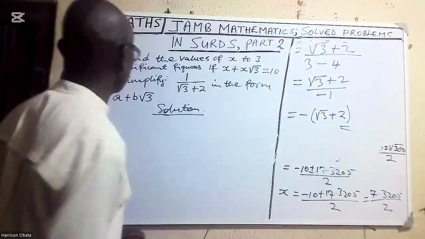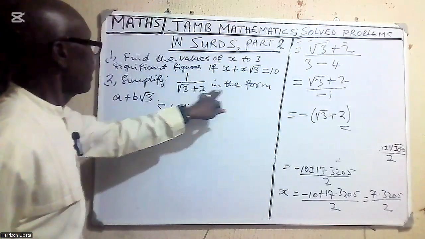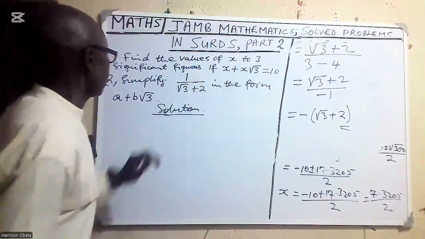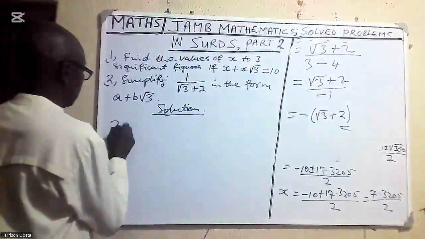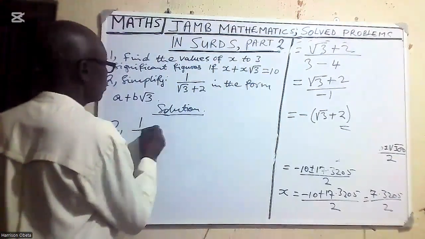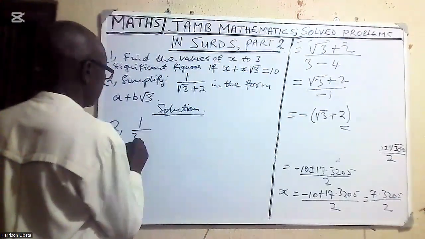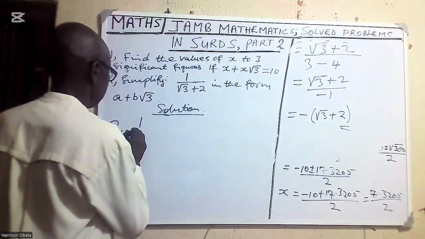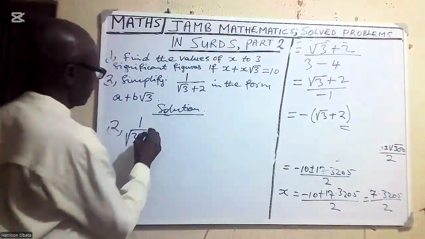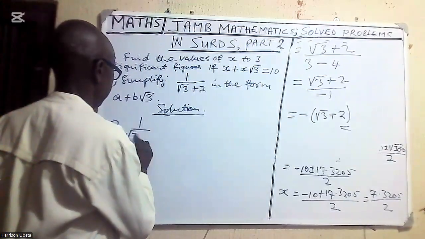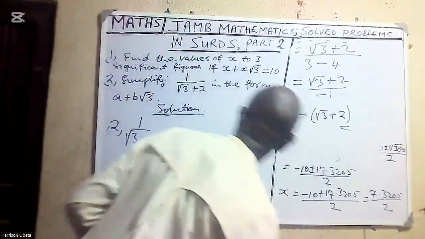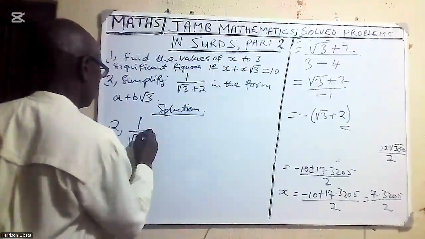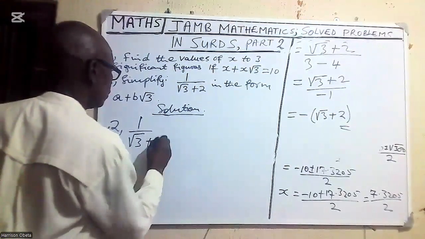Question number 2, we have to simplify this in the form of a plus b root 3. So we have 1 over root 3 plus 2.